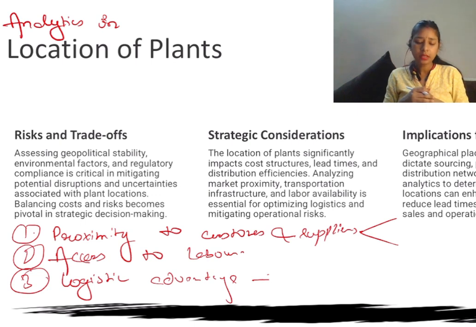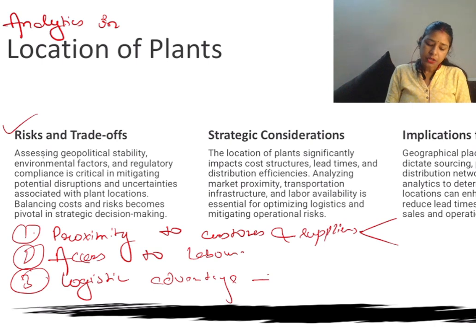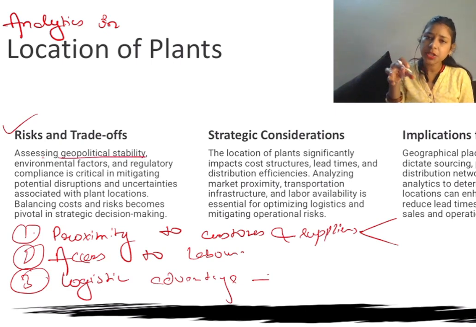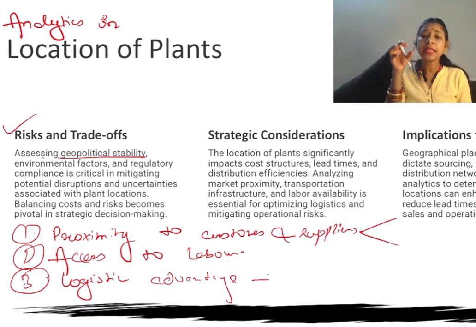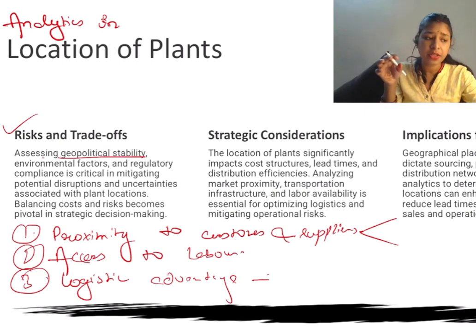Okay, so here in the slide you can see that there is a discussion on risk and trade-off. There should be an assessment of the geopolitical stability of the location where you are planning to open the manufacturing plant.